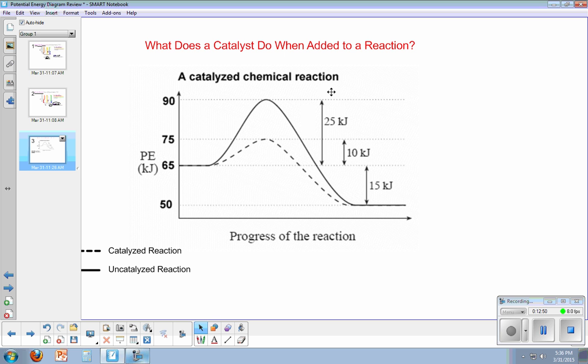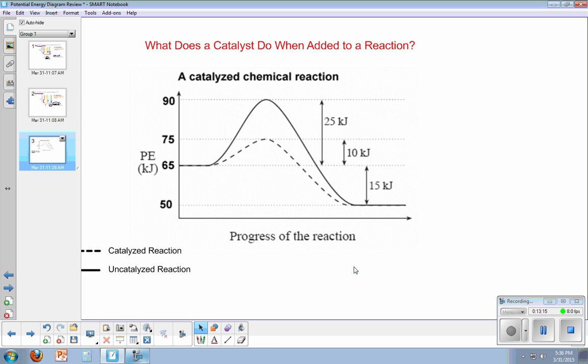This is the activation energy of the forward reaction without a catalyst. Notice what happens with a catalyst. I start at 65, and now I only need to get up to 75, which is actually only a gain of 10 kilojoules. So the catalyst decreased the amount of energy needed for the reaction to occur, or activation energy, by 15 kilojoules, and that's why it can speed up and go at a quicker rate.